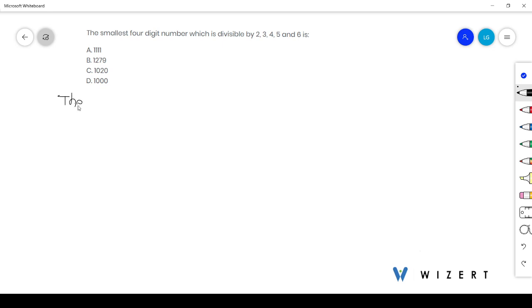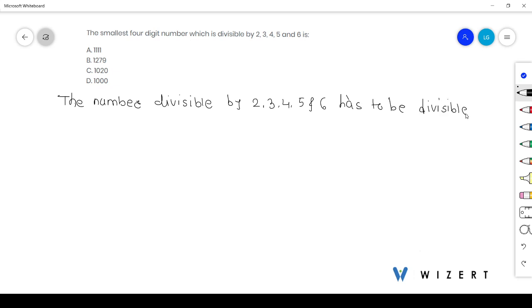The number divisible by 2, 3, 4, 5 and 6 has to be divisible by the least common multiple of 2, 3, 4, 5, 6.